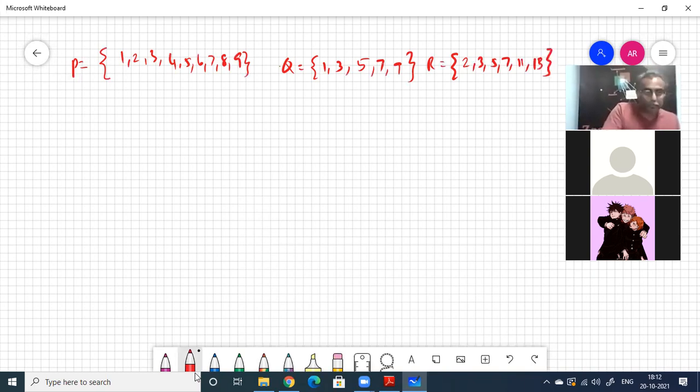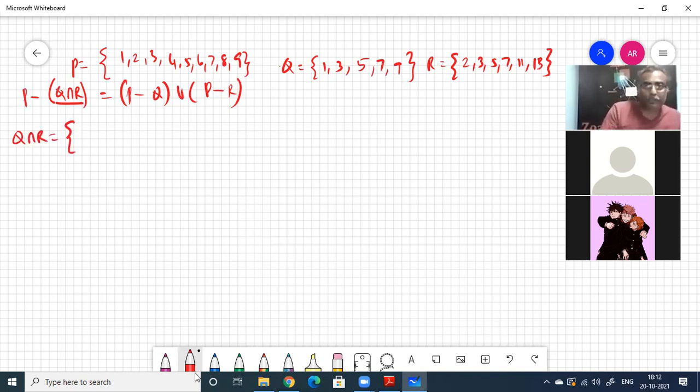Now what you have to do? Prove P minus Q intersection R will be equal to P minus Q union P minus R. That is the second De Morgan's law. First thing, you have to find Q intersection R.